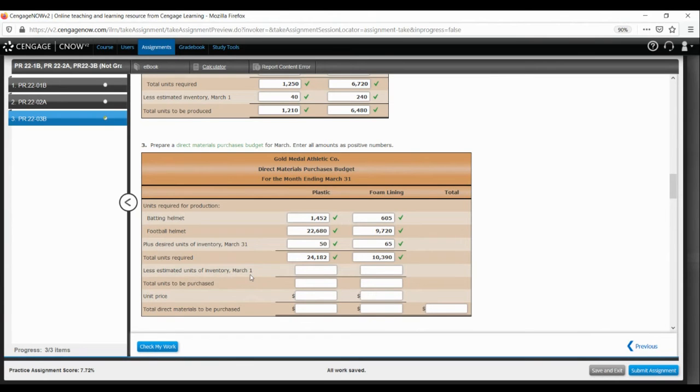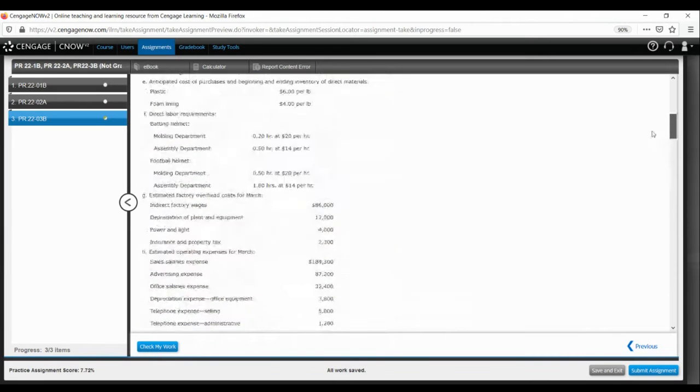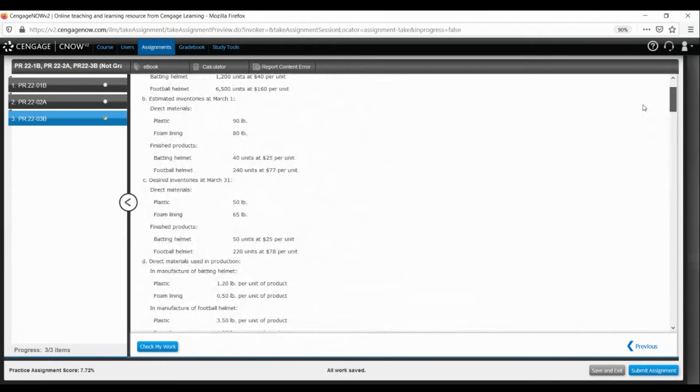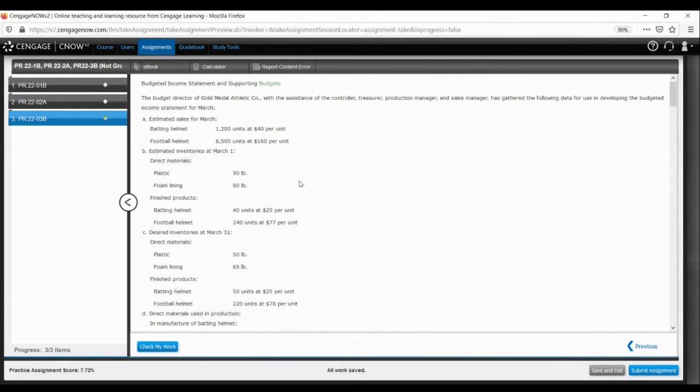So we must look for the units that are in the beginning inventory for the materials. In the beginning inventory, the plastic is going to be 90 pounds.